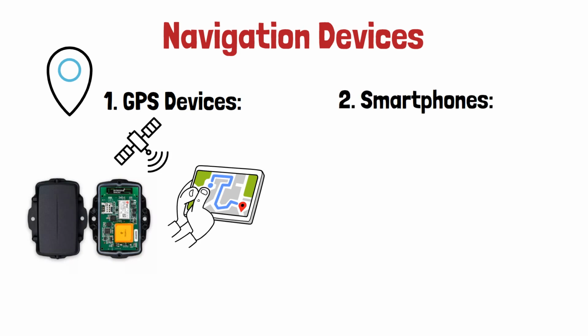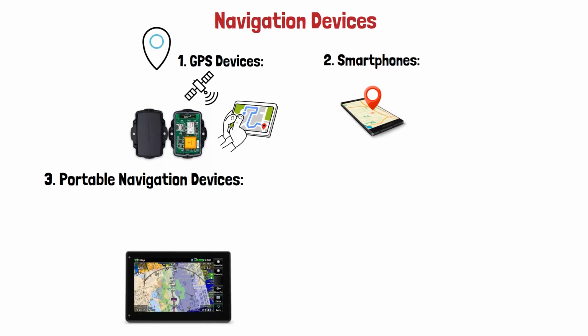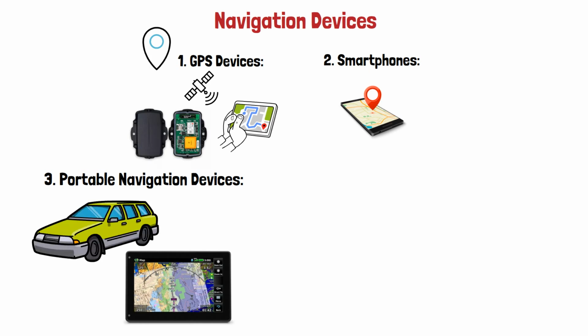Smartphones. Many smartphones come with built-in navigation features, such as GPS and mapping applications. Portable navigation devices. Portable navigation devices are standalone devices that provide GPS navigation and mapping services. They are commonly used in cars and other vehicles. Wearable devices.